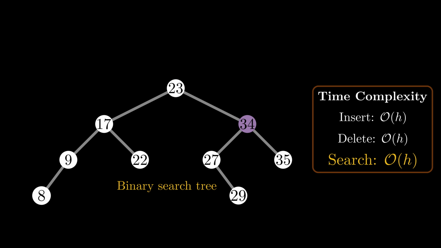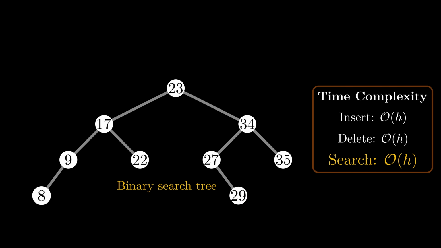Since 29 is smaller than 34, we have to explore the left subtree attached to the node with the key element 34. And since 29 is larger than 27, we have to go to the right subtree of 27, where we finally find the node with the key element 29.